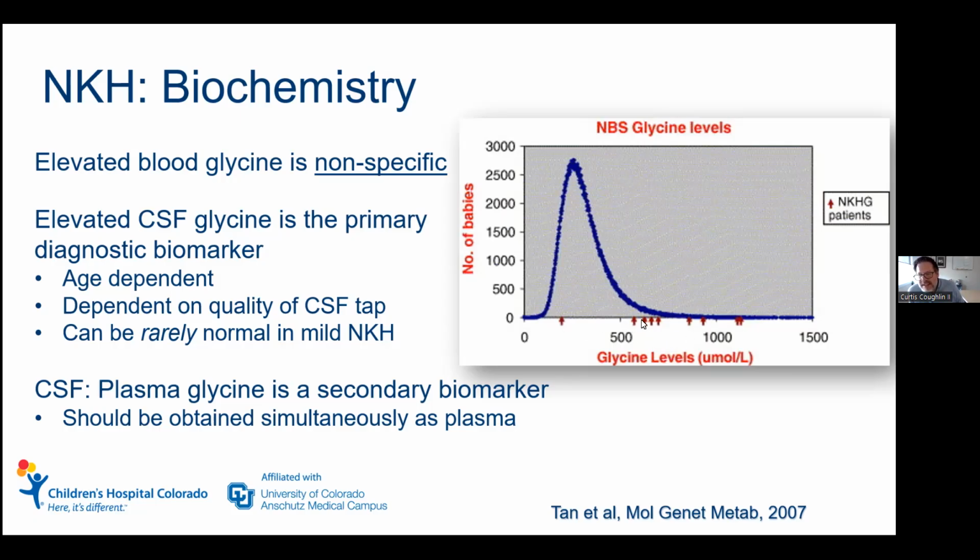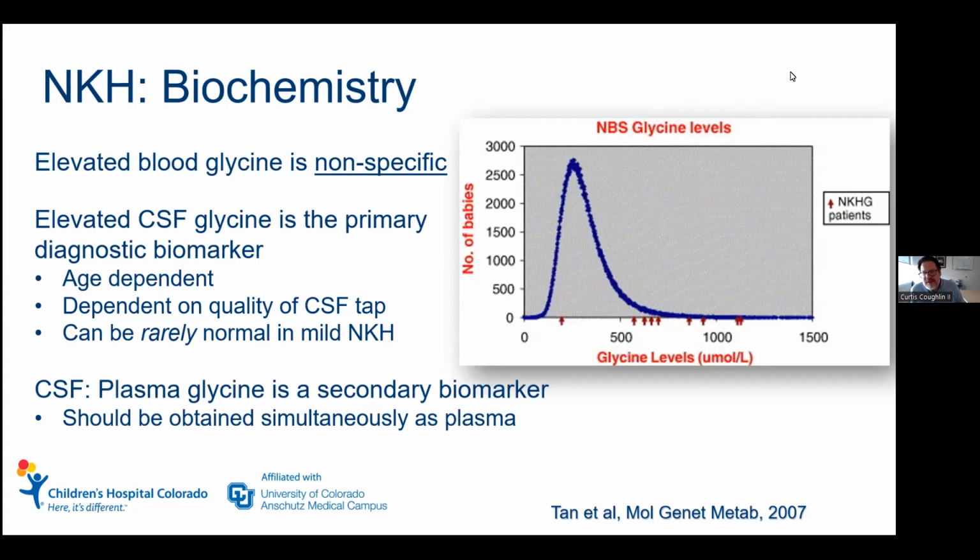You can certainly see that the NKH patients have much higher glycine levels, over 600 micromolar, but there is a patient who has a much lower glycine level, and that there is a pretty significant distribution of glycine in the general population.